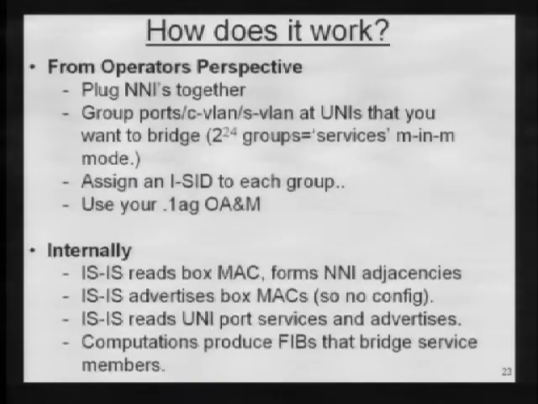All right, so let's go into a little bit of the detail of how all of this works. From the person operating the network's perspective, it's all pretty straightforward. You plug the network to network interfaces together, and ISIS just brings up the network. There's nothing much to do there.